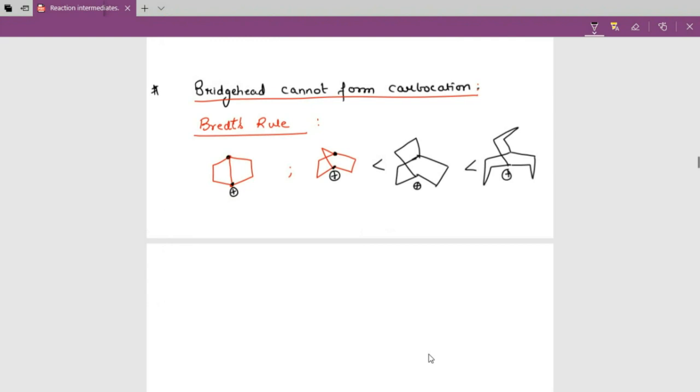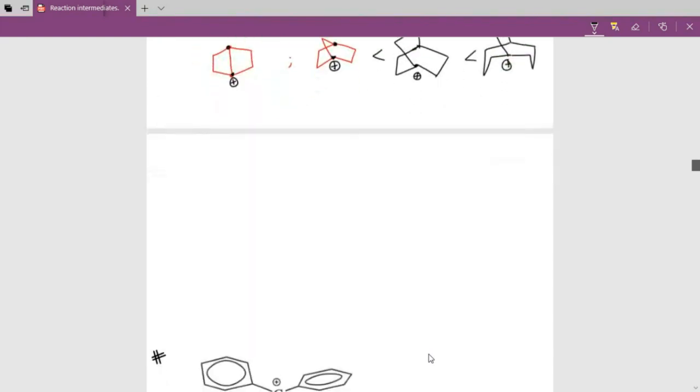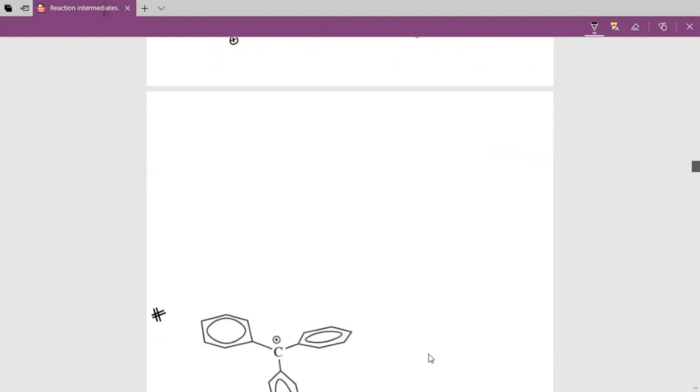So, in general, a molecule avoids having plus at these bridgehead centers. That makes them, despite being 3 degree, unstable. They cannot be handled by normal 1 degree, 2 degree, 3 degree factors.